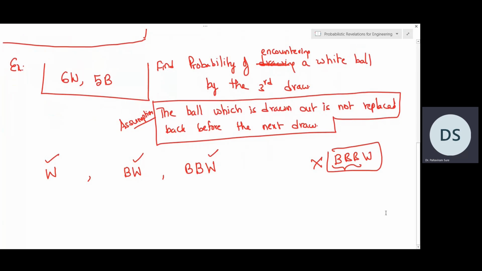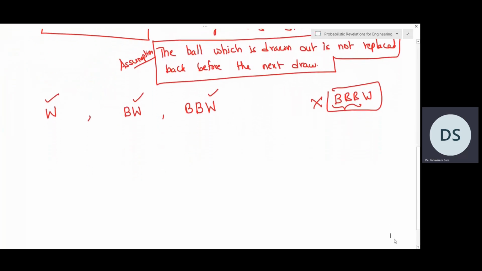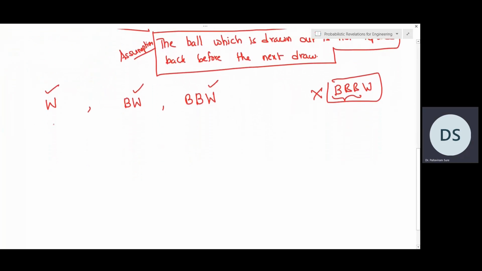So to go ahead with this probability calculation, let us have some notations. Let us say X naught stands for drawing a white ball. And let us say X1 stands for drawing a black ball first and then white ball second time. So this is B1 and W2.